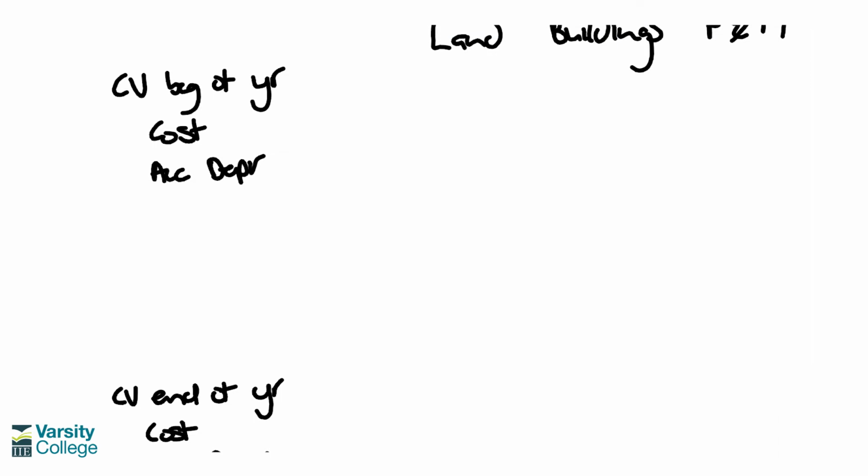Okay, so let's start off with land. Land, the cost at the beginning of the year was 175,000, and I'll do the buildings while I'm here because we're going to look at them hand in hand. It was 1240, and there was accumulated depreciation of 31,000. Then what happened to these assets?